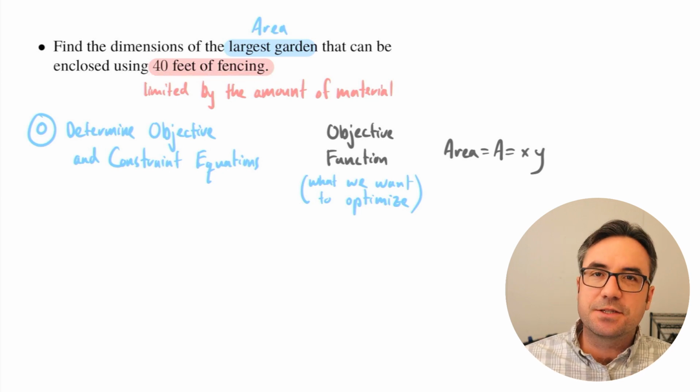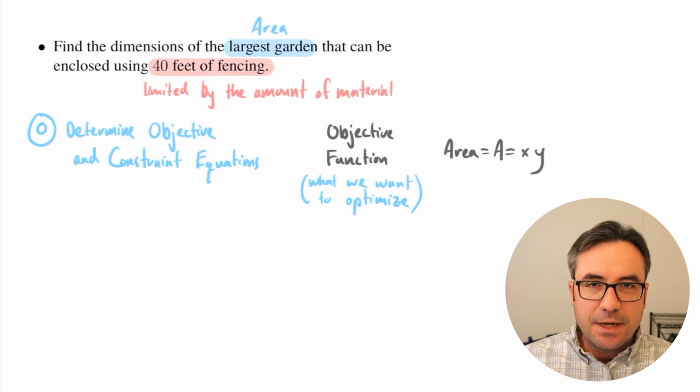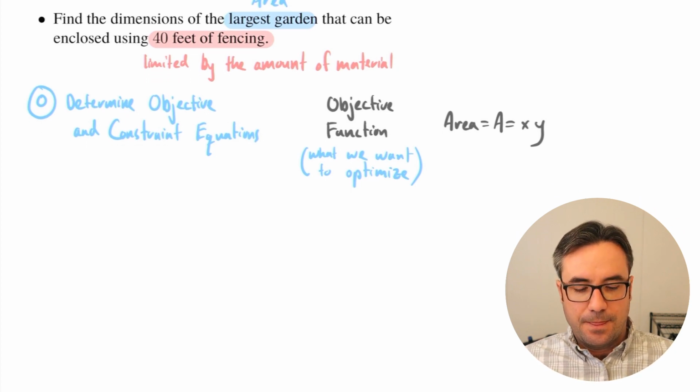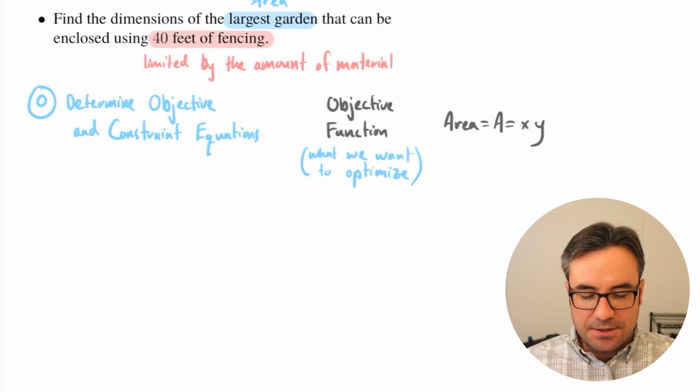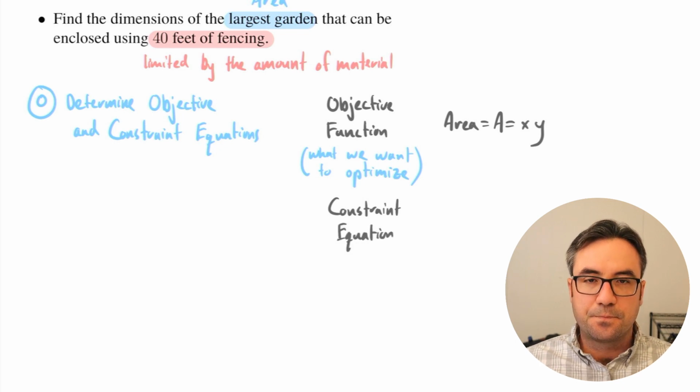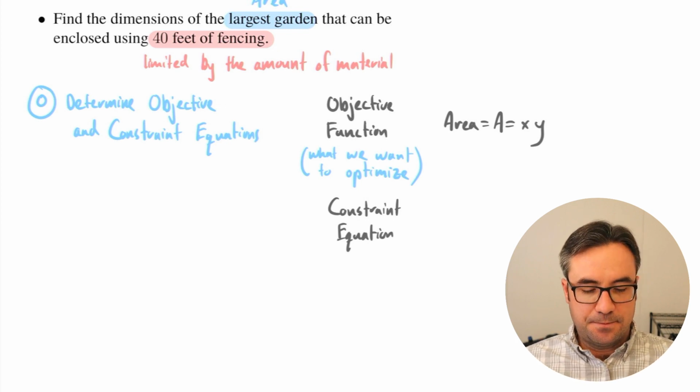So we can't just make this garden as big as we want because we only have a finite amount of fencing to use. So that gives us some restriction. That puts some limit on what we can do. So it constrains us. So our constraint equation is really the amount of fencing.